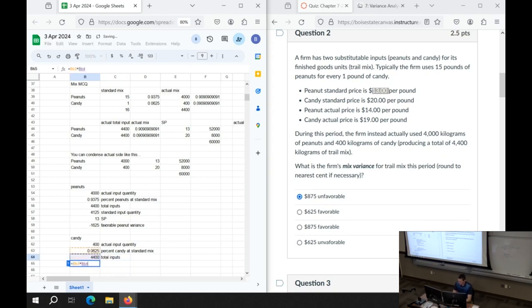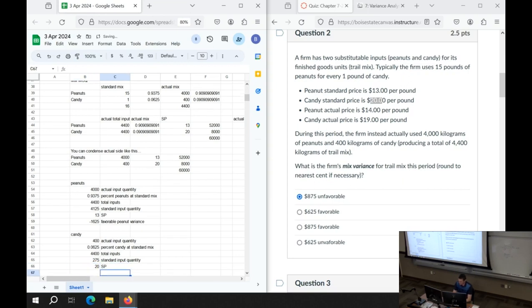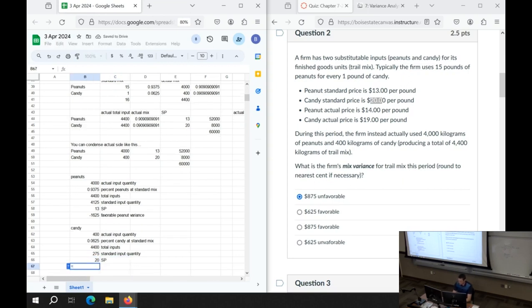And so we multiply those two together. This should be our standard input quantity. And our standard price per the question right here is $20. And so we can follow the equation and take our actual input quantity minus our standard input quantity all times the standard price. And so that's our unfavorable candy variance.